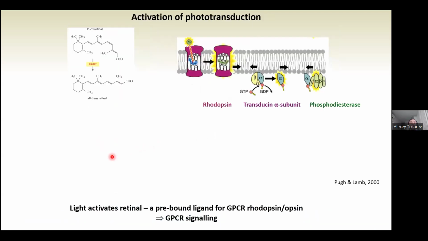And when light is absorbed by rhodopsin, rhodopsin activates a G protein, which is in the inner part of the cell, and this G protein is called transducin, and transducin activates phosphodiesterase.